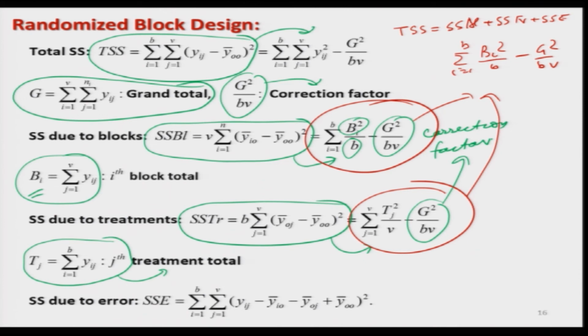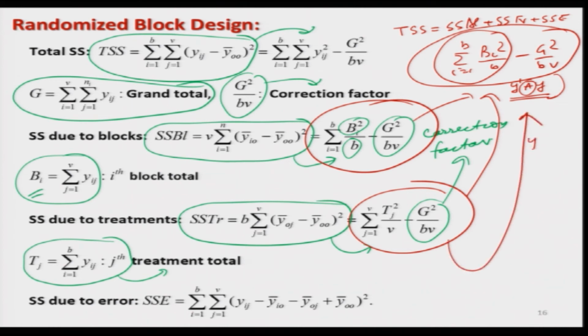So, a quadratic form has to be in the format of y transpose A y, and there are some conditions on A: A has to be an idempotent matrix, and then the degrees of freedom are going to be the rank of A. So, you want to convert this summation of B_i square upon v into a quadratic form that can be expressed as y transpose A y, and the same thing you are trying to do with the sum of squares due to treatment, writing it in the format of y transpose B y. So, that should be clear to you.